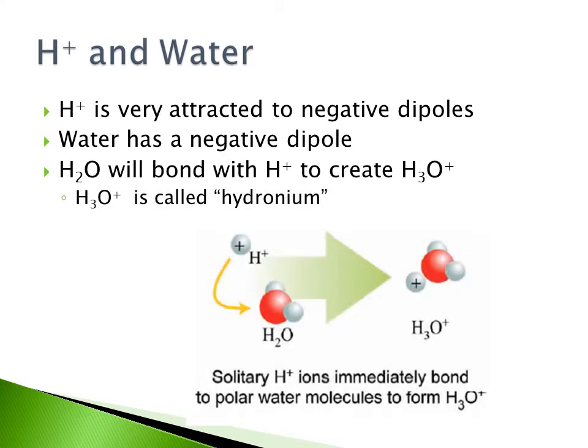It will actually make a molecule called hydronium, when the H plus, which you can see right here, is attracted to that negative area on the water, which is caused by lone pairs of electrons on the oxygen, if you remember the Lewis dot structure for water. Now that it's attracted to that side, we can call this hydronium, or H3O plus.